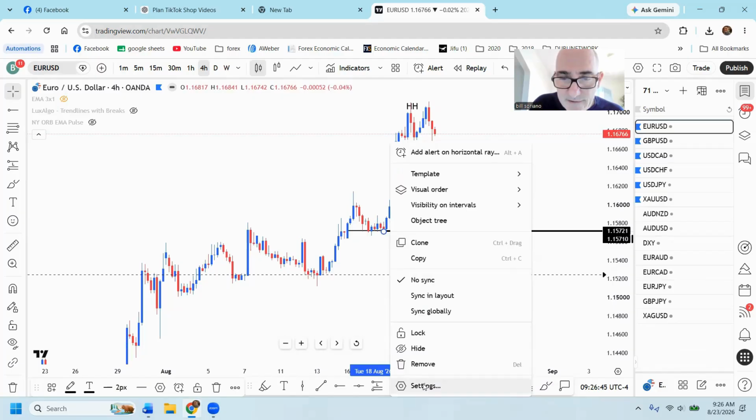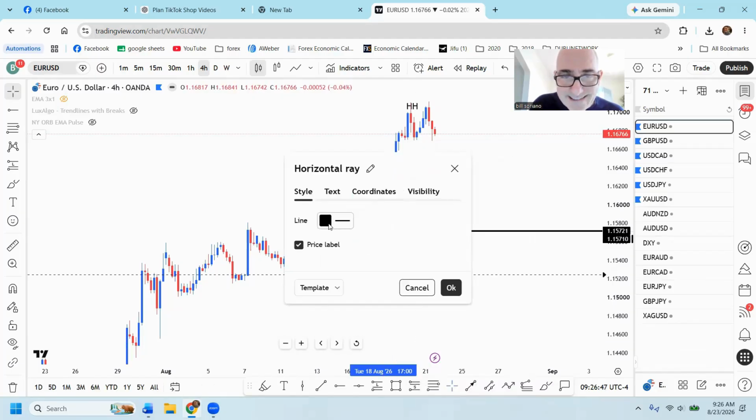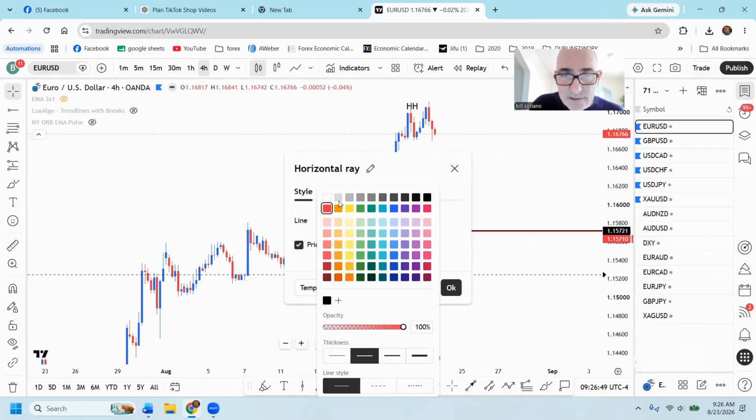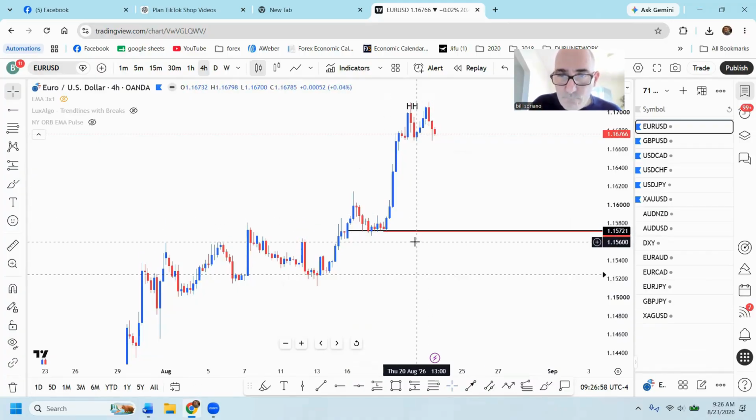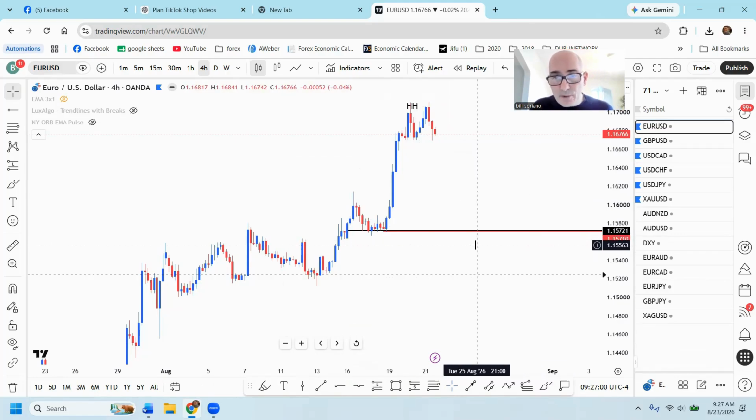And I like to make this red so that I can see it very clearly when I'm on the lower time frame. It's very, very close to the daily range low as well, but we don't want to move them because we want them to be in those exact places.